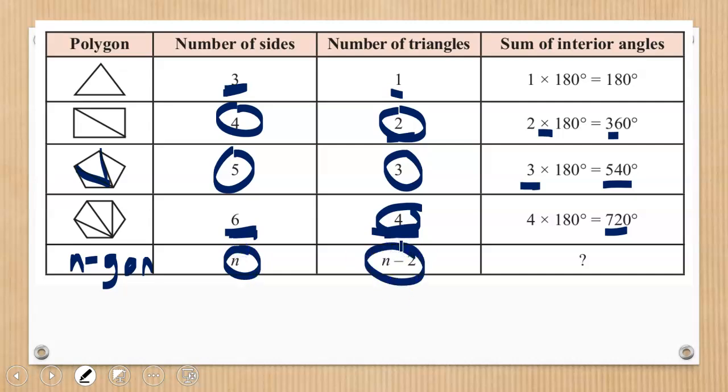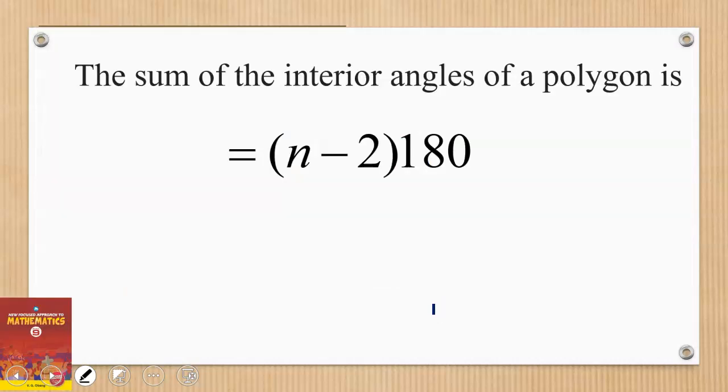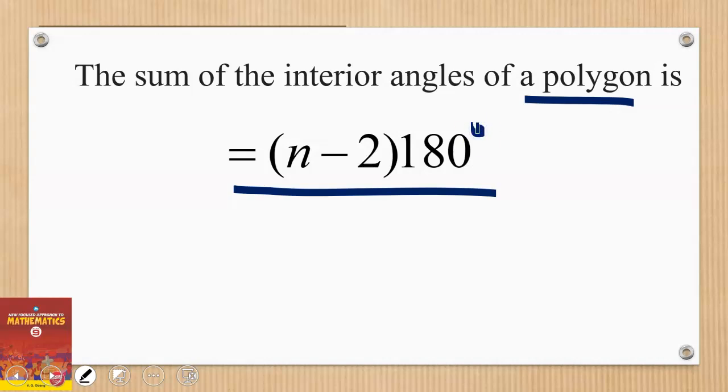And then n minus 2 will be multiplied by 180 to give us the sum of the interior angles of the polygon. In a nutshell, we can say that the sum of the interior angles of a polygon is given by the formula n minus 2 times 180 degrees.